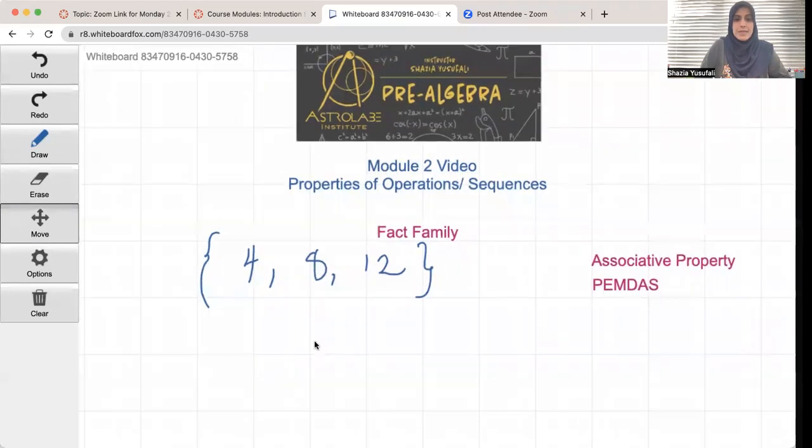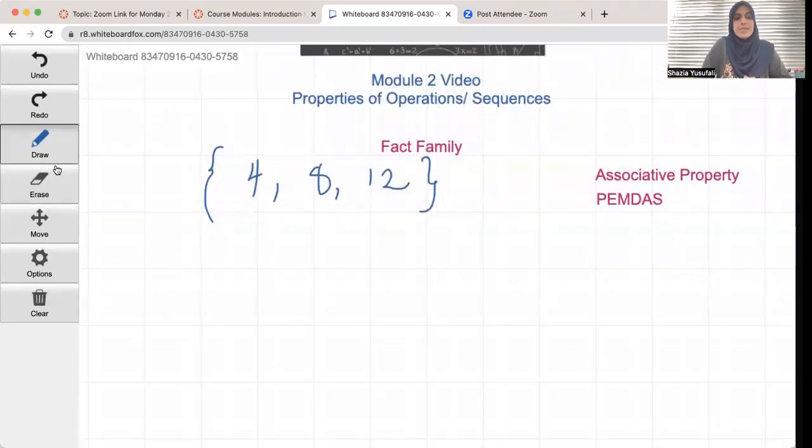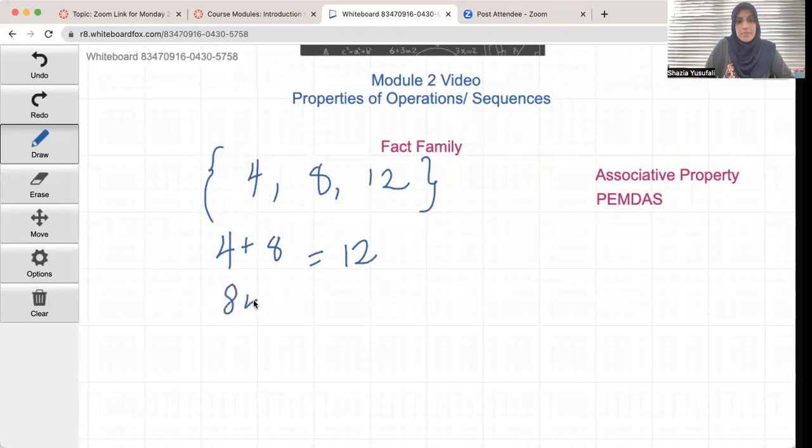Easy peasy, I'll move this up. The reason I would consider this a fact family is because if I say 4 plus 8, guess what? We have 12. If I say 8 plus 4, we have 12. Ignore my little addition sign.